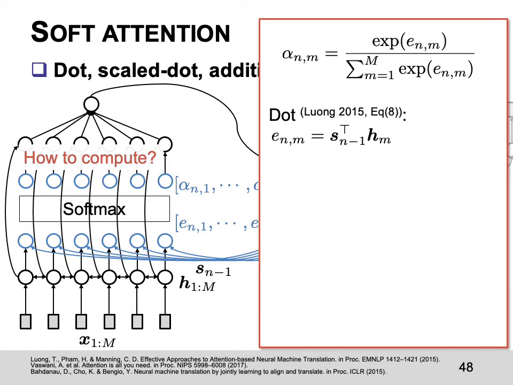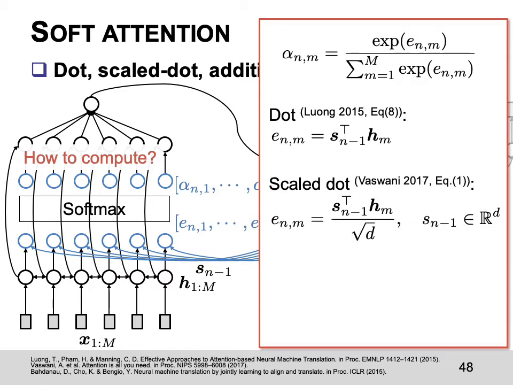The first one, the dot attention, directly multiplies these two vectors, the Sn-1 from the decoder and the hm from the encoder. So this is why it is called dot attention. Scaled dot attention is quite similar, but in this case, we add a scalar d here to change the value of the activation to the softmax layer.